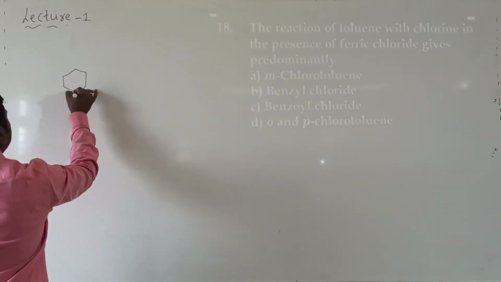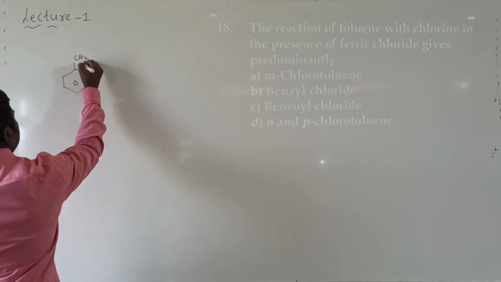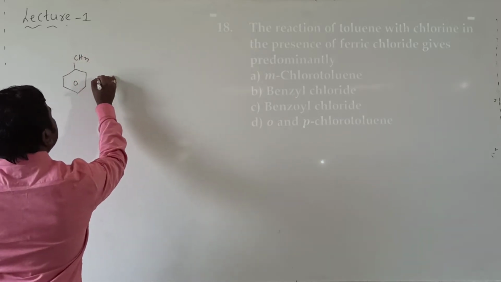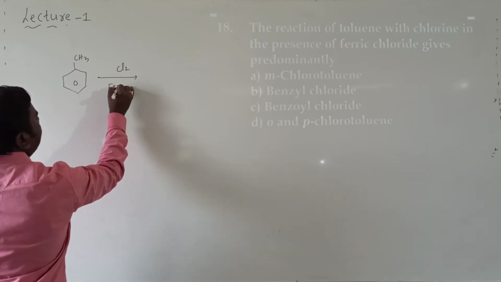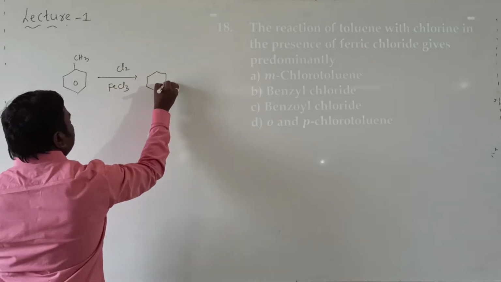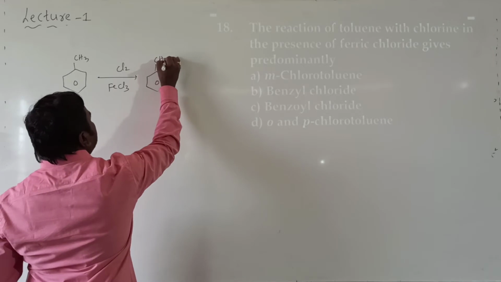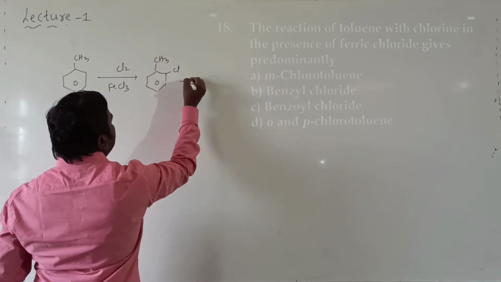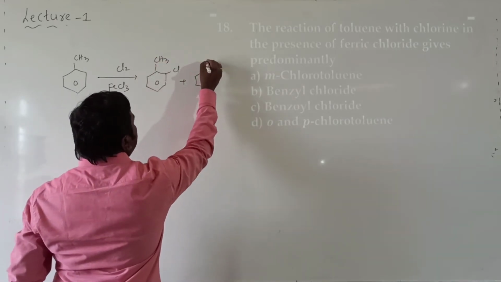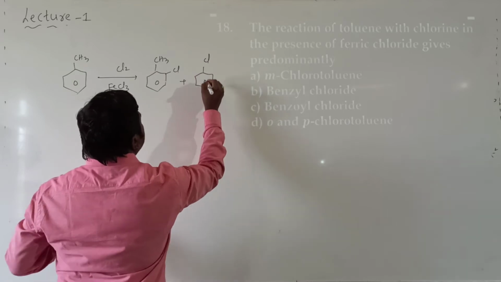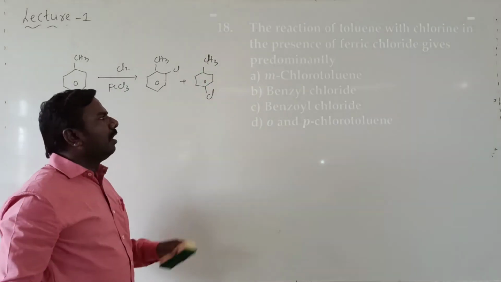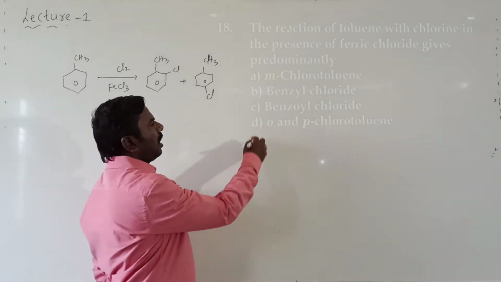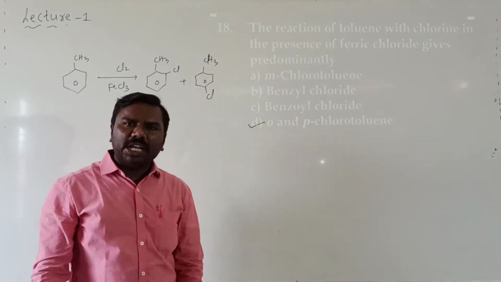Toluene is benzene with CH3. Cl2 chlorination, then in the presence of a Lewis acid, gives rise to an electrophilic substitution reaction. Cl, and next Cl, CH3 is Cl. Orthochlorotoluene, parachlorotoluene. The answer will be option D.